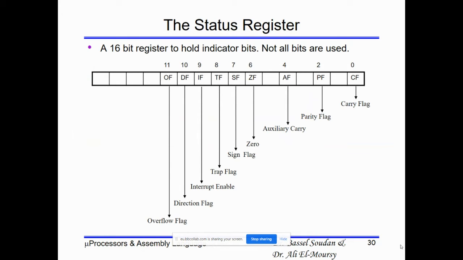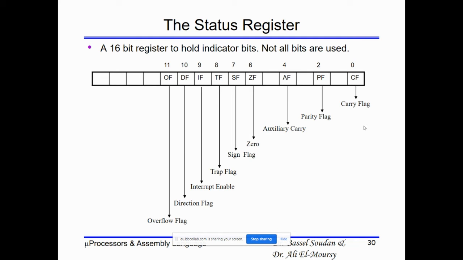We have the flag for the sign, SF. Flag for the zero, ZF. Flag for the carry, CF. Those are the overflow, the sign, the zero, the carry. How many of those? 1, 2, 3, 4. Those 4 flags are what the conditional jump instructions rely on in order to check the condition.